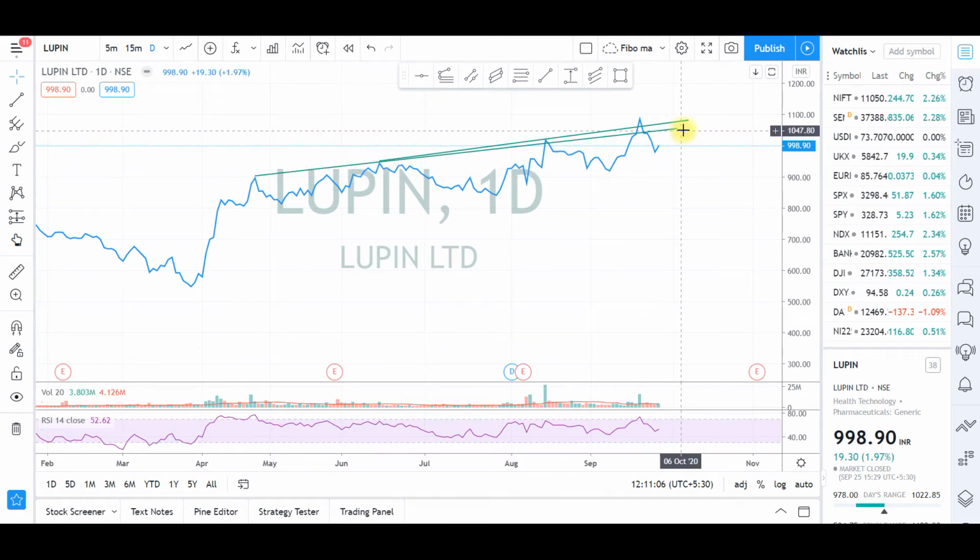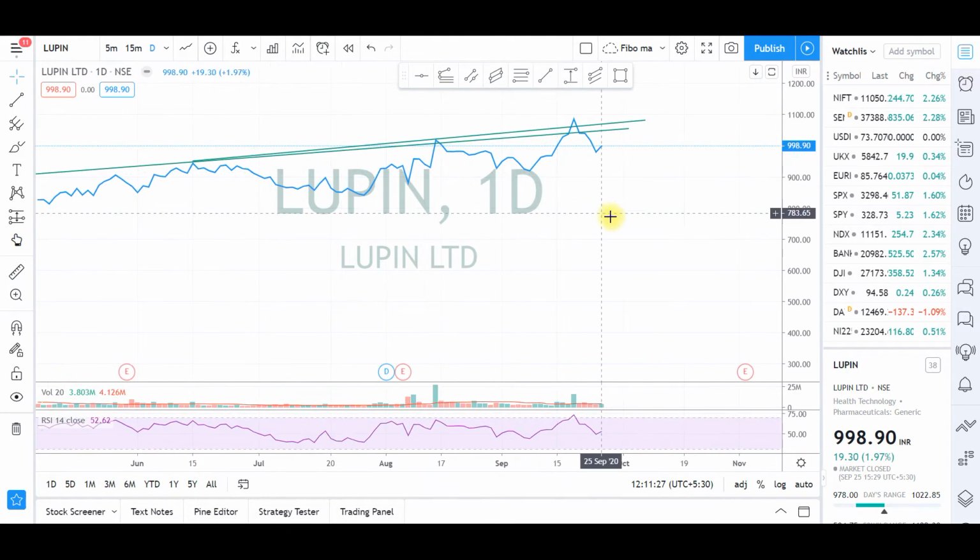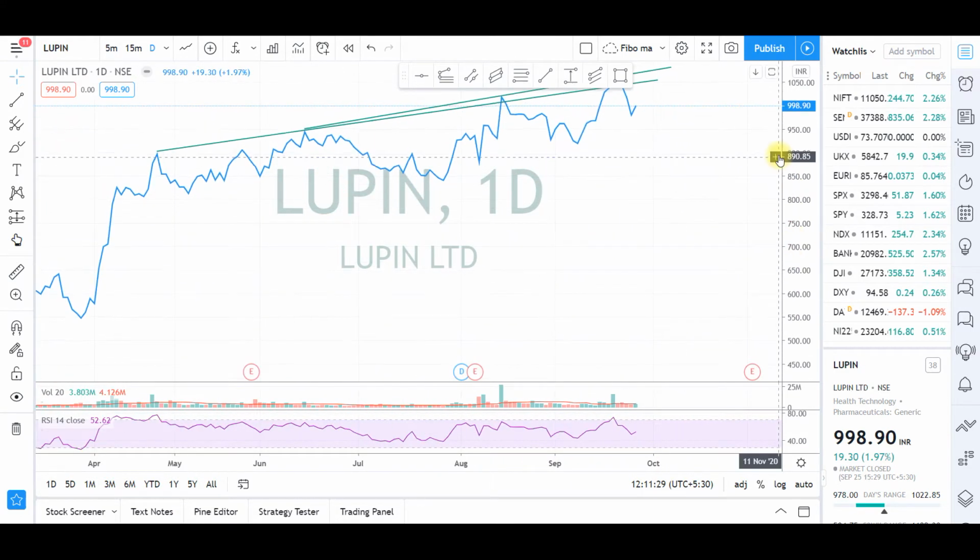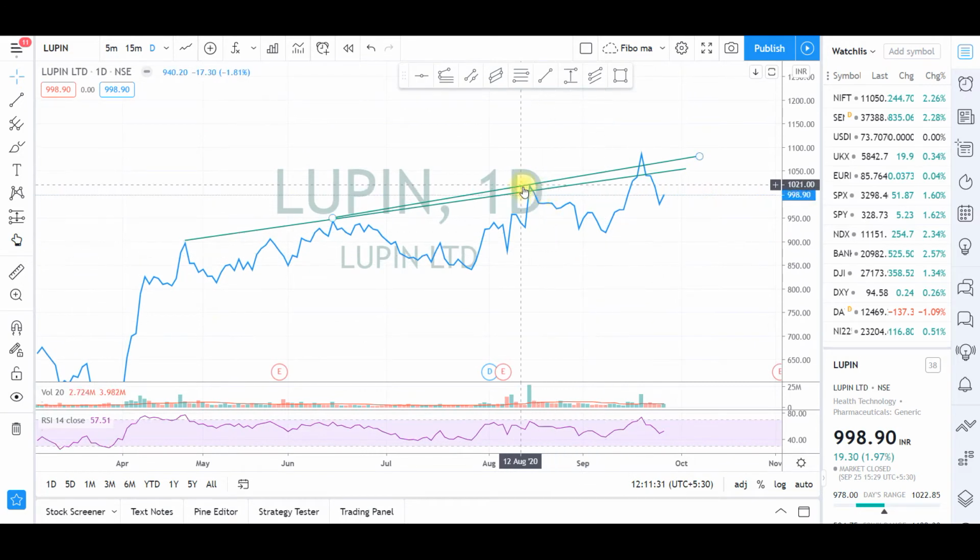If you see the candlestick, probably you will get some other signal here. So it has gone up and given a false breakout. The candlestick would be better for understanding the false breakout. However, here if you see, it has given a false breakout, and it has not sustained.